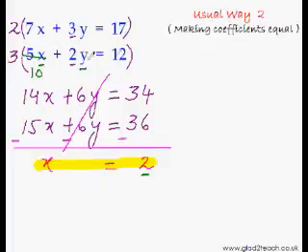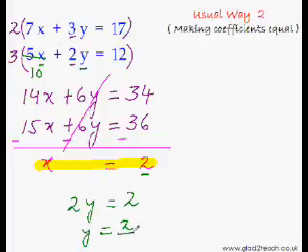So that means 2y equals 12 minus 10, which is nothing but 2. So y is equal to 2 divided by 2, which is nothing but 1. And we have solved the question. x is equal to 2, y is equal to 1.